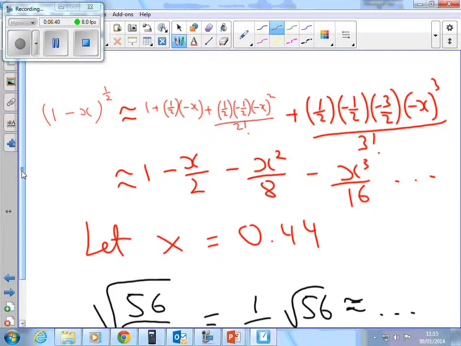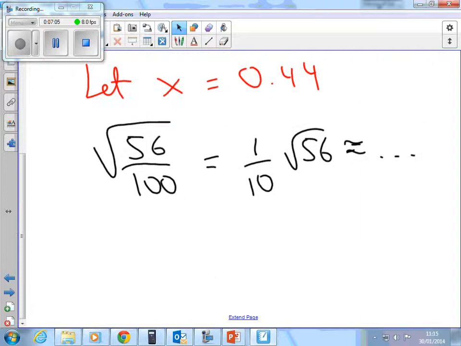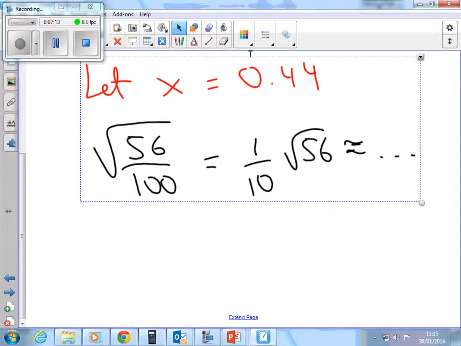So, if we now let x equal 0.44, I will not be finding the square root of 56. I will be finding the square root of 0.56, which is 56 over 100. Now the root of 100 is 10. So I'll be getting 1/10 of the root of 56. I'll make it absolutely clear.